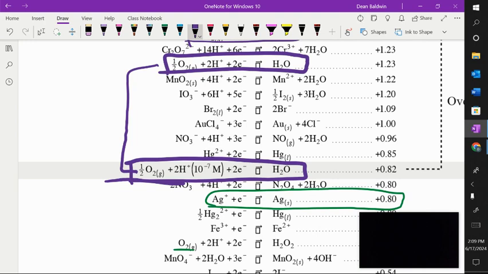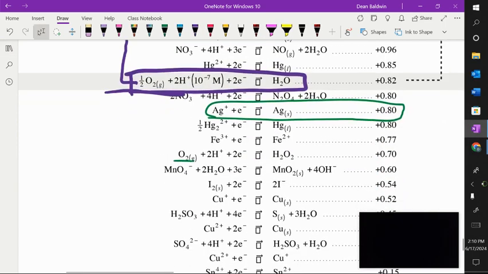One is way stronger. So this top one would be in what conditions? Acidic conditions. And this is? Neutral. All right? Because it gives you the proton concentration, 10 to the minus 7. If you take the pH of this, negative log of that, you're going to get 7. So it's neutral. I'm going to write this on the page.